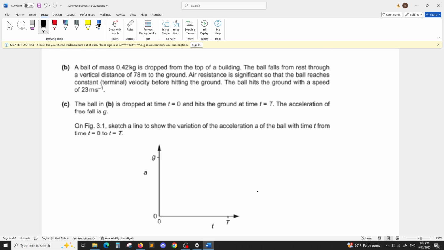So we know that our gravity is 9.81, which is right here.